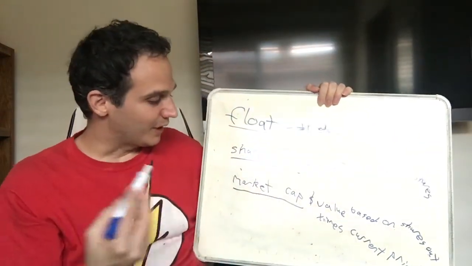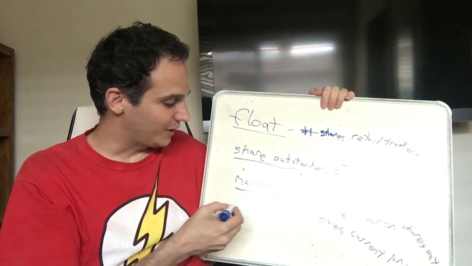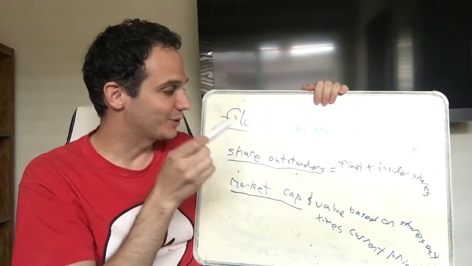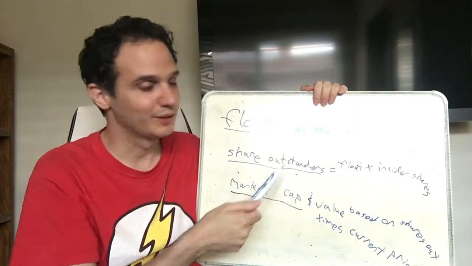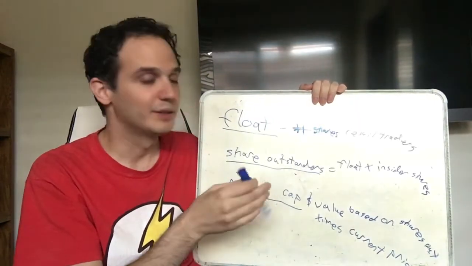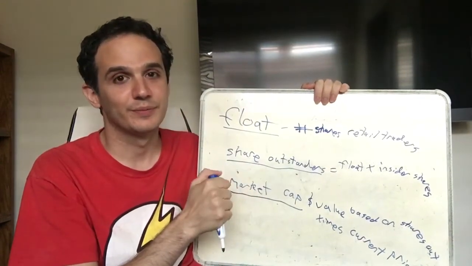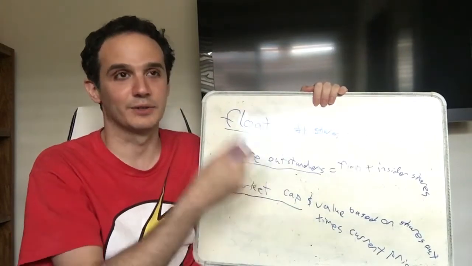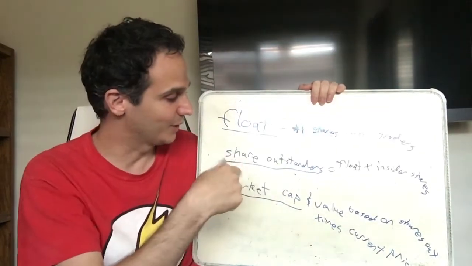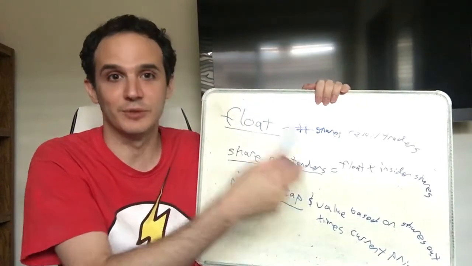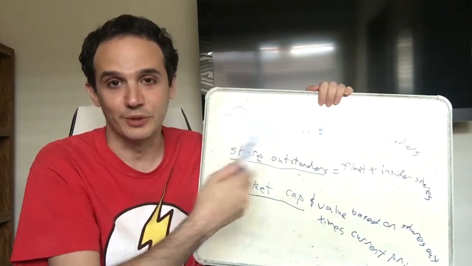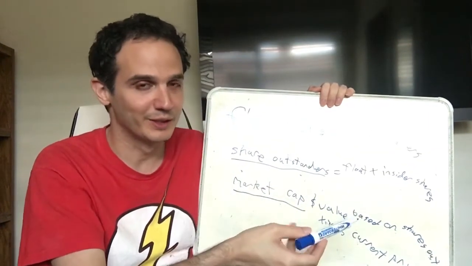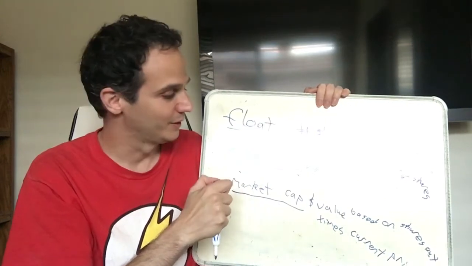So if a stock is $10 and then the shares outstanding is 5 million shares outstanding, so you take 5 million, the total number of shares outstanding, times the current price, which would be $10, equals 50 million.